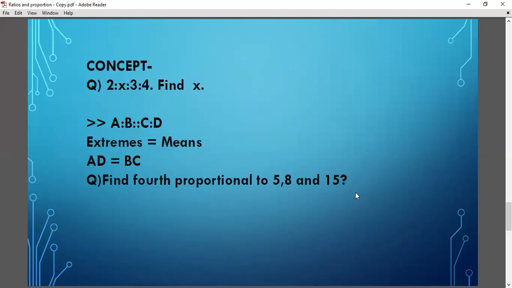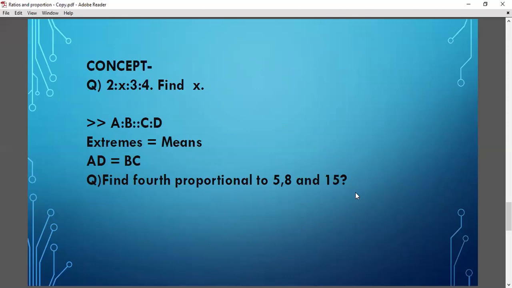So now what do these ABCD values represent? As the position of A here is 1, we call it the first proportional. Similarly, the B, C, D values are second proportional, third proportional, and fourth proportional respectively. So now in the question, they might ask you to find the second proportional, third proportional, or fourth proportional.